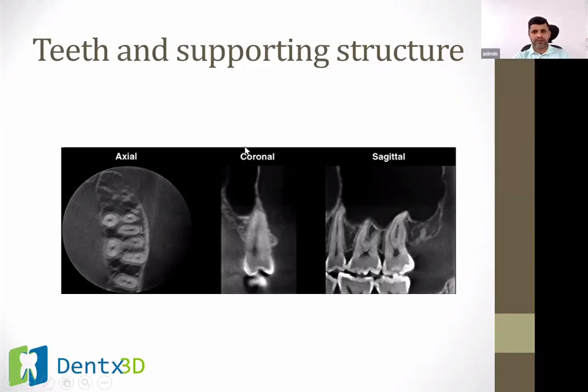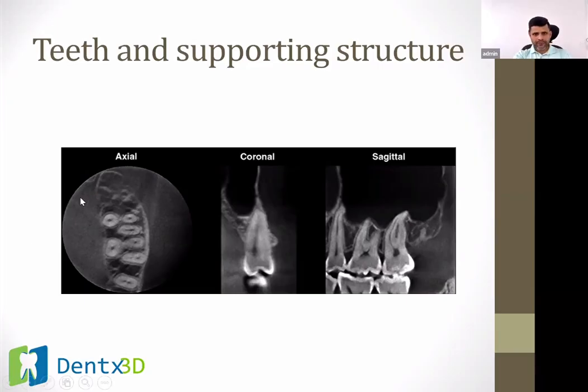So if you see these images, if you see the first image, this is the axial section, like you are seeing from the top or bottom. So when we are seeing a bony structure from the top or bottom, see, the bone always has cortical plate at the side and inside is your cancellous or marrow space, right?